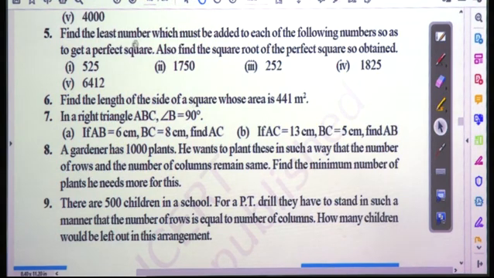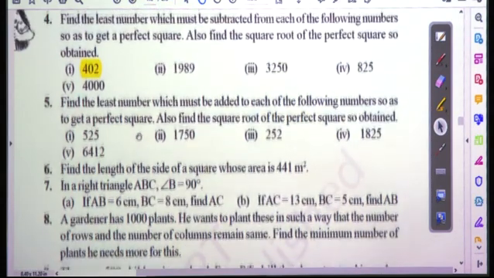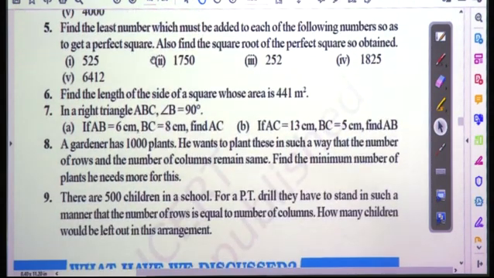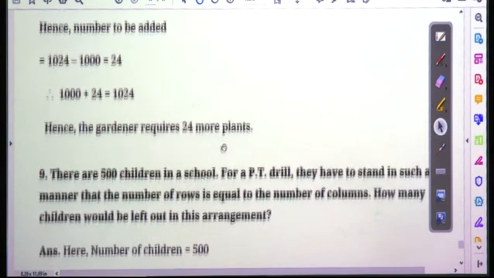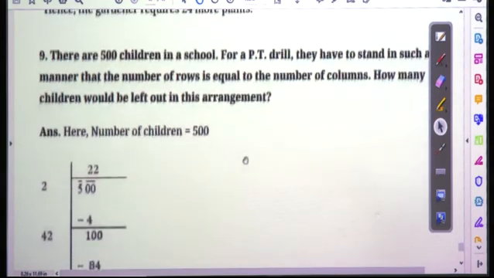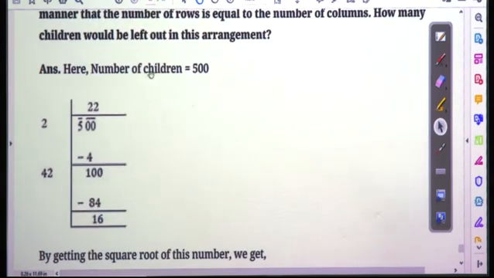I guess whatever questions we solved in 4 and 5, the same have been given to us in situation-based form. Let us see further. Here the number of children is equal to 500.